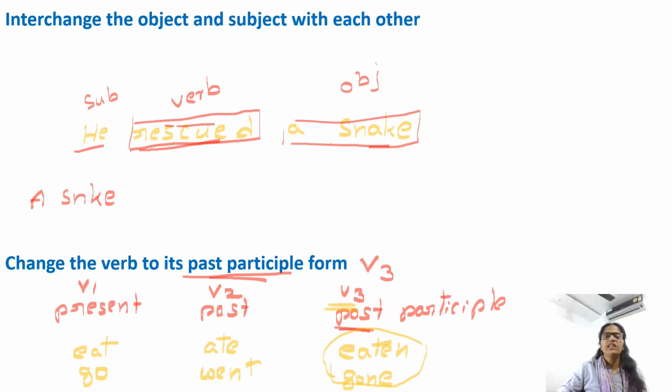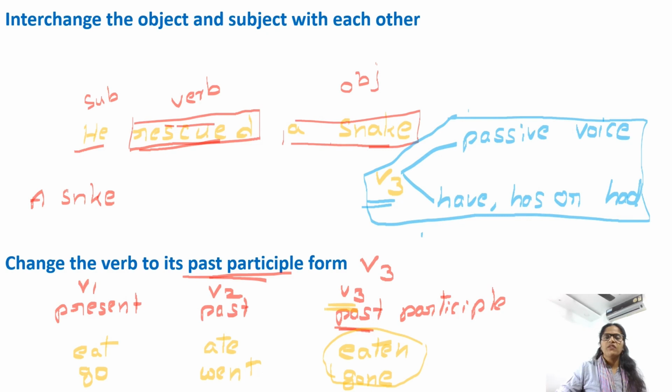When do we use the V3 form of a verb? The V3 form is used in passive voice or passive sentences, and it is used after have, has or had. Hope it is clear.